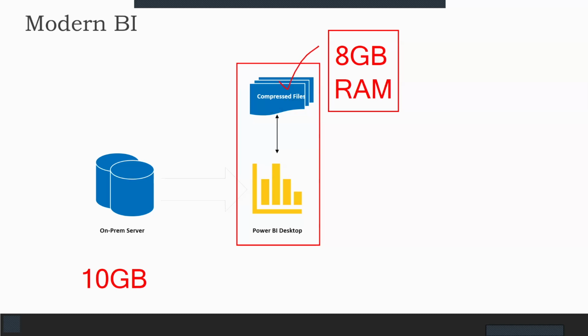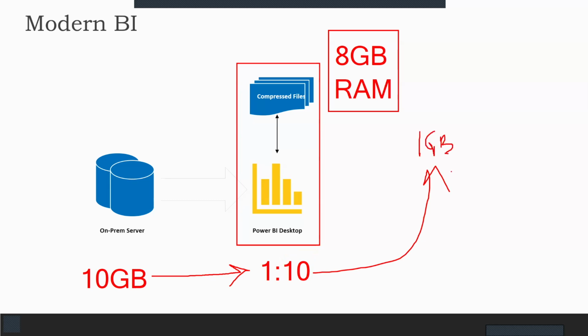Let's suppose we have a 1:10 compression ratio, which means that the 10 GB of information will be compressed 10 times at least. So 10 GB of information is converted into 1 GB of information, right? Now, can 1 GB of information be stored in 8 GB of RAM?